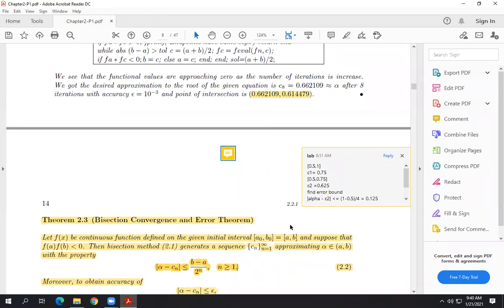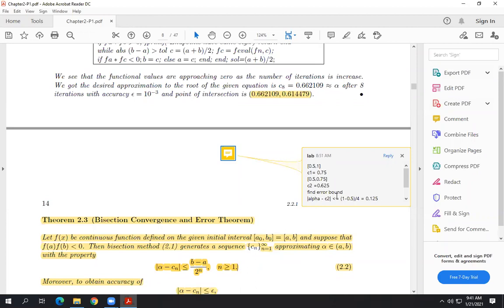But please remember that either for C3, C4, whatever, when you find the error bound, the B and A will be the original given. Original is what? 0.5 and 1. Here students get confused. They say we find C2 with the help of this interval, and they use A is this one, B is this one. No. Your B and A must be the original ones we have here.